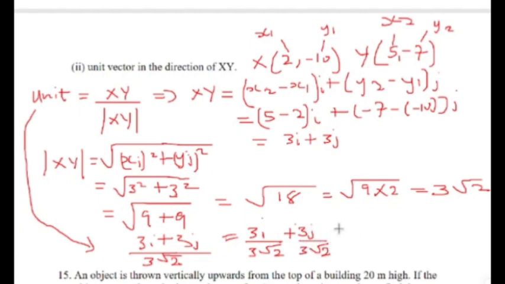Okay, so basically, I'm going to have 1 over root 2 i plus 1 over root 2 j. So there are many things we can do here. We can decide to rationalize and get a simpler answer. But it's okay, it's sufficient. I think we get the idea at this point.